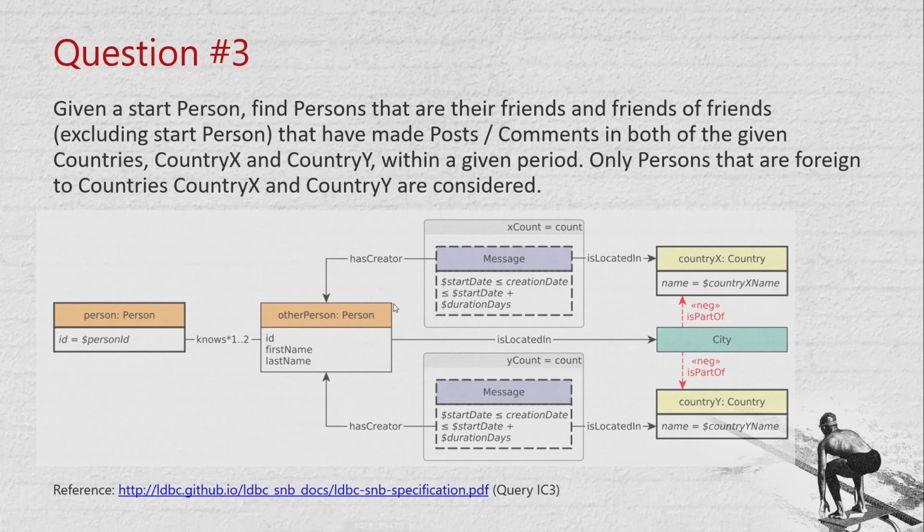You want to filter for all the messages that have been posted by these friends that you identified, but only those messages which have been posted in specified countries which we pass in as parameters to the query. And we have other filters, like those countries should not be the countries that these friends are normally resident within. This query may sound complex, but let's see how easy it is to implement using SQL Graph.